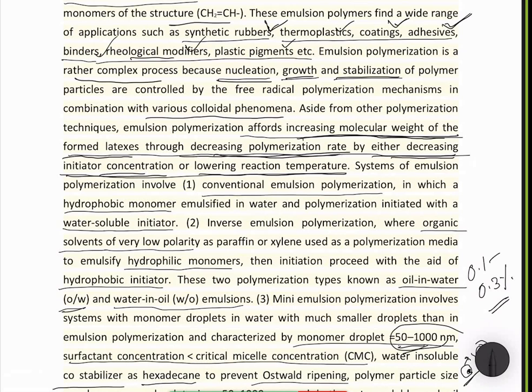But here, because of so many colloidal phenomena going on in this technique, if you want to have an increasing molecular weight of the polymer, you need to decrease the rate of polymerization, and for that the initiator concentration is decreased or the temperature can be decreased, meaning the polymerization should be carried out at lower temperature, and that way we have the provision of low temperature emulsion polymerization.